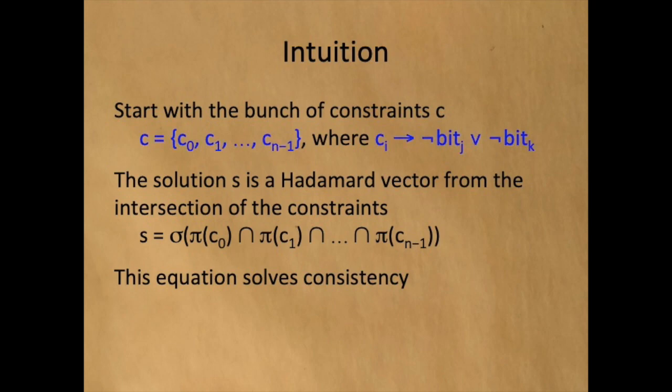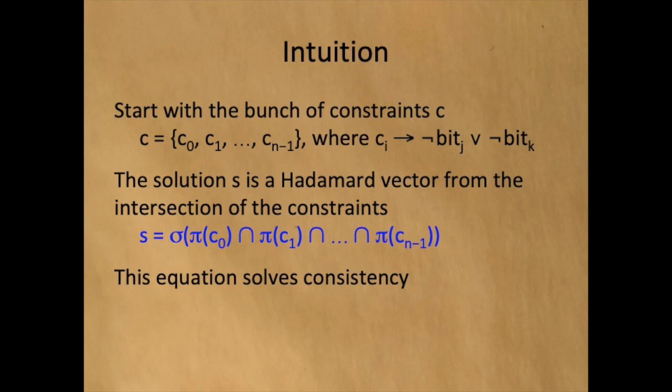Intuition. We start with the bunch of constraints C, where C is the bunch C0, C1, and so on through Cn-1. Each constraint Ci identifies 2 bits, j and k, that may not both be true at the same time. The solution S will come from selecting a Hadamard vector from the intersection of the constraints.